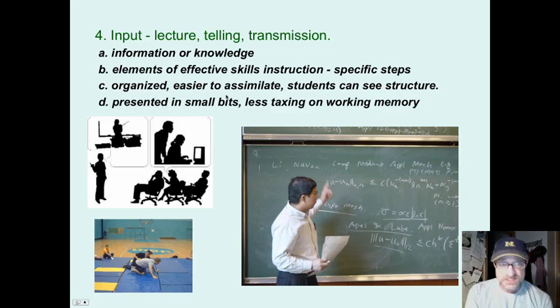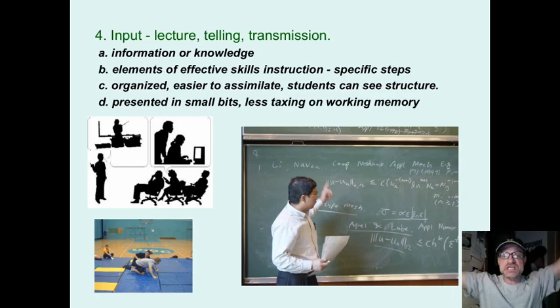Input, lecture, telling, transmission. Yes, there is some information that students have to know. You use the elements of effective skills instruction. These are the specific steps. If it is organized, it is easier for students to assimilate what you're telling them because they can see the structure. And this information should be presented in small bits because it's less taxing on working memory.